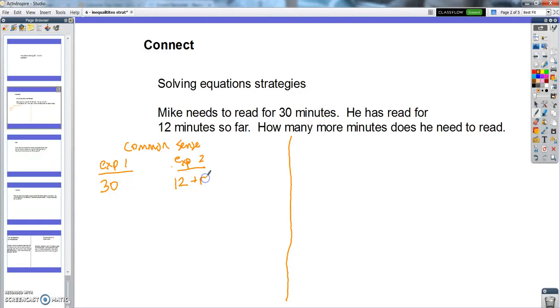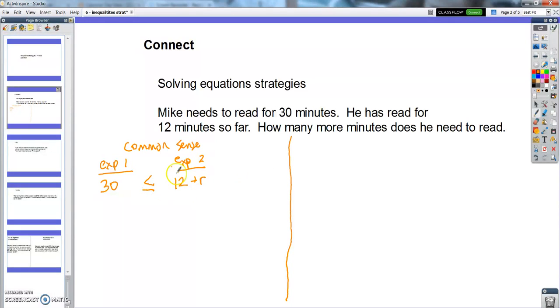I'll do R for read. And remember, with an inequality, he doesn't have to read exactly 30 minutes. It's fine if he reads 31 or 32 or 33. So the amount he reads can be more than 30 minutes, or exactly equal to 30 minutes, so this is greater than or equal to 30 minutes.